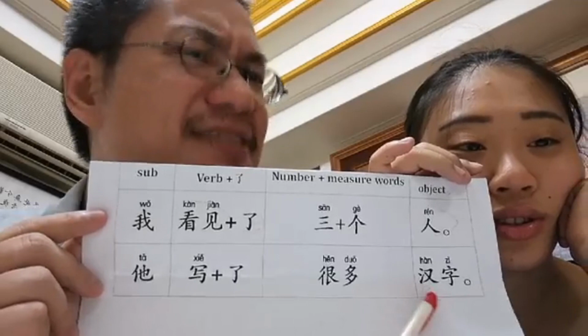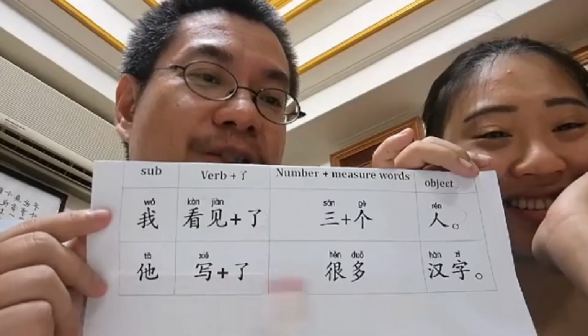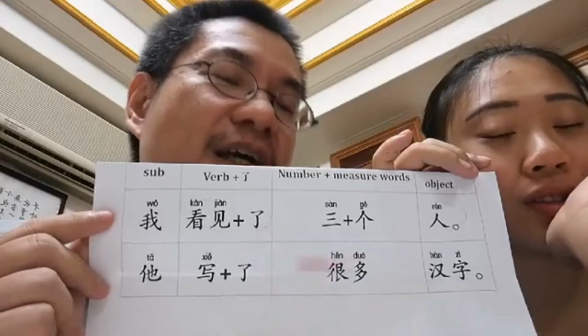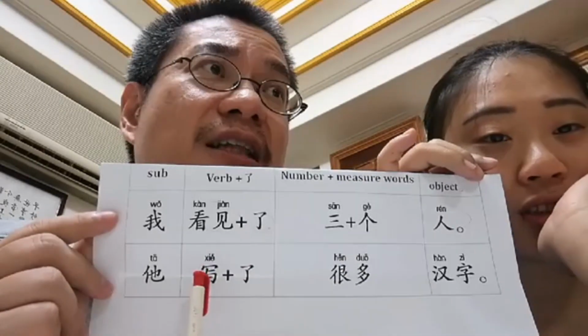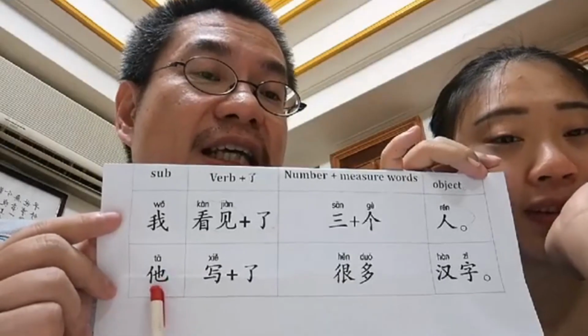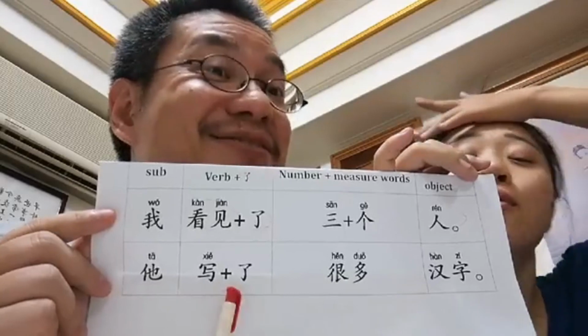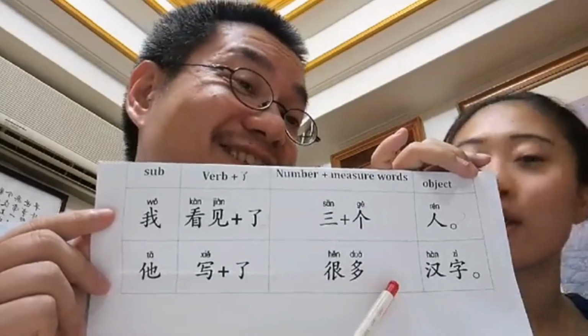Well, we just say 汉字, Chinese words. He wrote many Chinese words. We can also think of the sentence in the perfect tense: he has written many Chinese words.